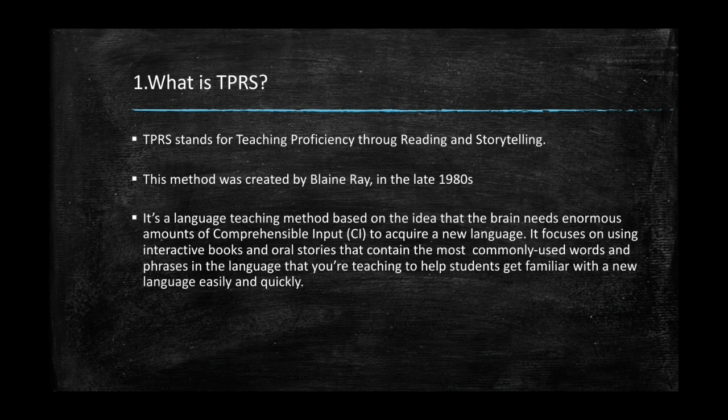It focuses on using interactive books and oral stories that contain the most commonly used words and phrases in the language that you're teaching, to help students get familiar with a new language easily and quickly.